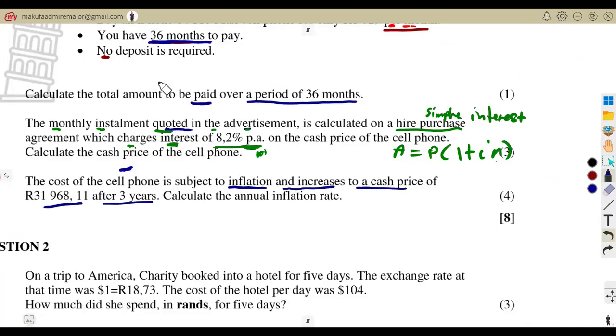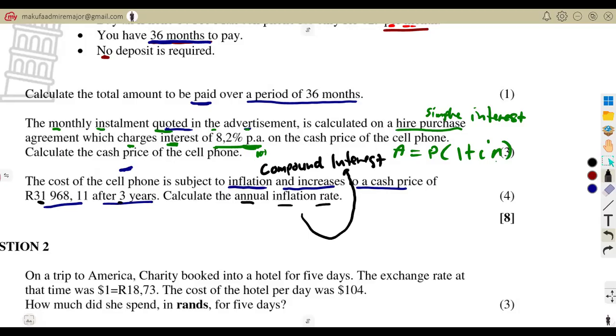As we talked about in our introductions, inflation falls under compound interest. It's no longer about simple interest. It falls under compound interest. So we are given the amount after 3 years, the number of years we are given. Calculate the annual inflation rate under what?